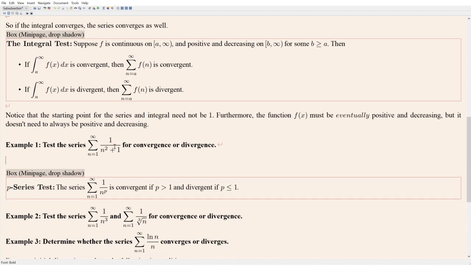So if we're going to use the integral test, then we do need to mention that the premises are satisfied.